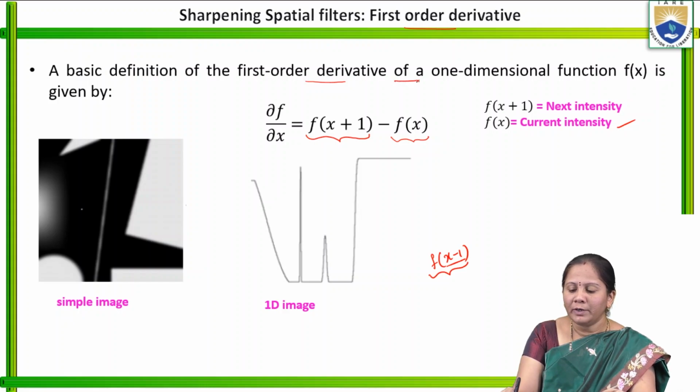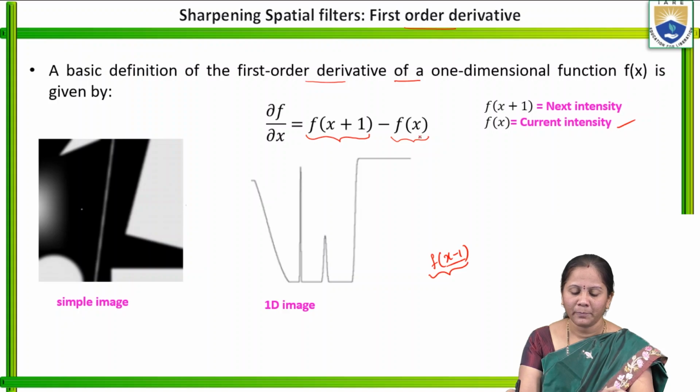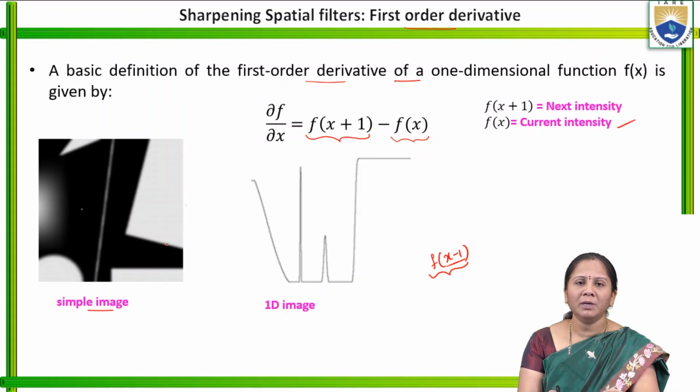So the first order derivative of a one-dimensional function is defined as dou f by dou x is equal to f of x plus 1 minus f of x. Here one simple image is considered, and this is the original image. If we observe this image, there are different intensity levels.